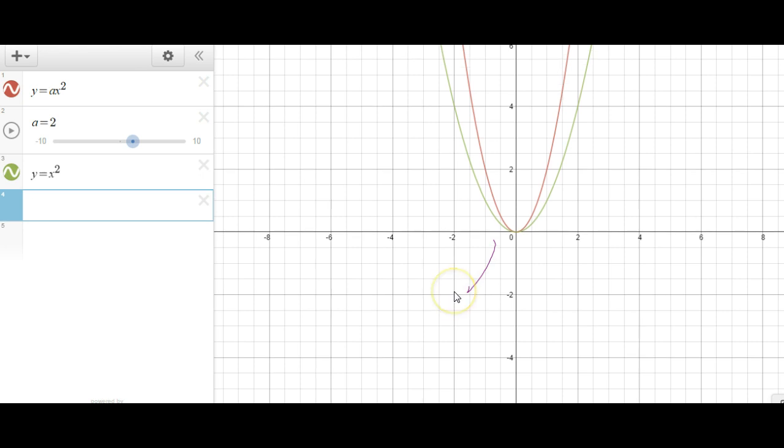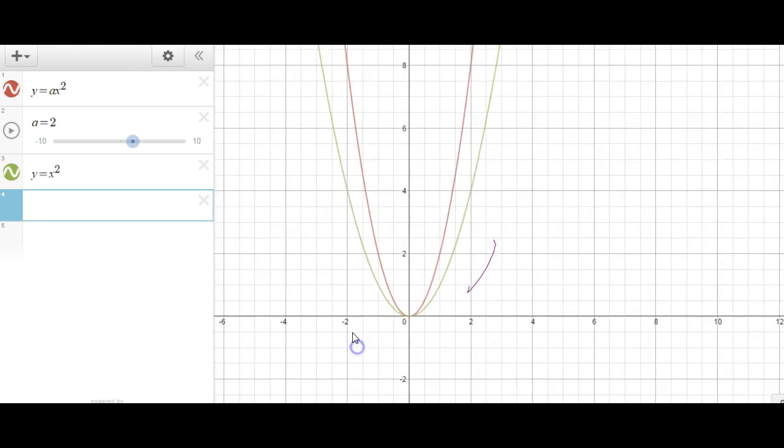And if I go over 2, normally it's up 4, but now it's up 8, because if we go to our operations, you're going to square the x first, and then double it. You multiply it by 2.